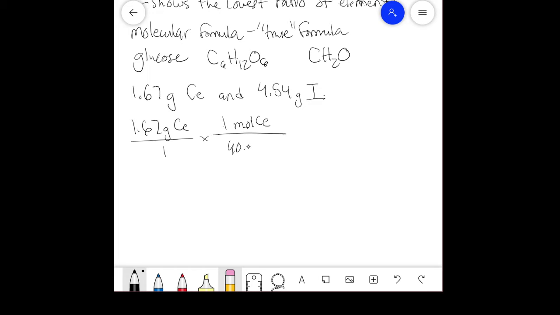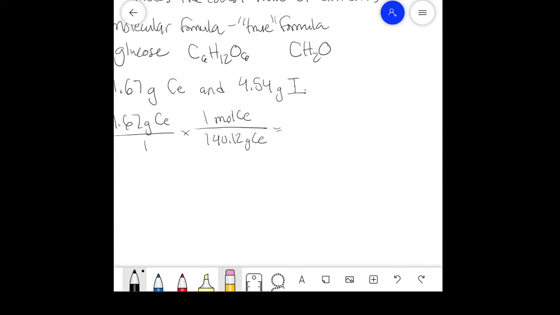In this case, 140.12. And then you multiply, and don't worry about sig figs for these. Just write down a bunch of digits, like 7, 6, 5, 6, 7.